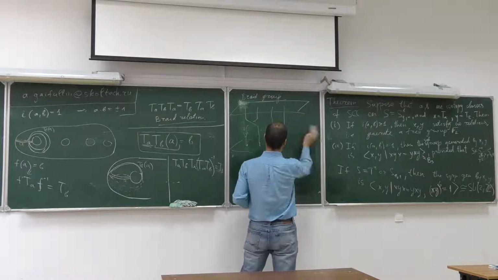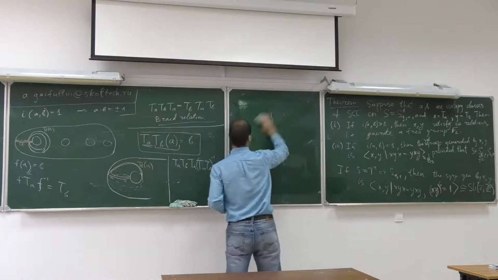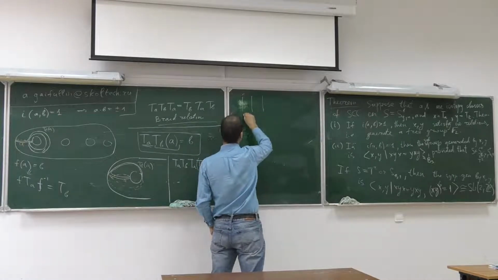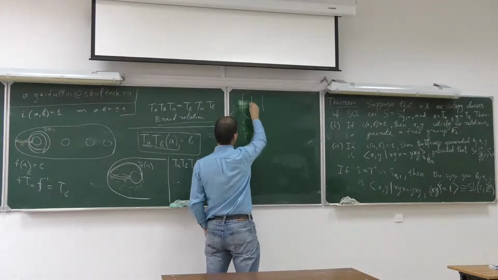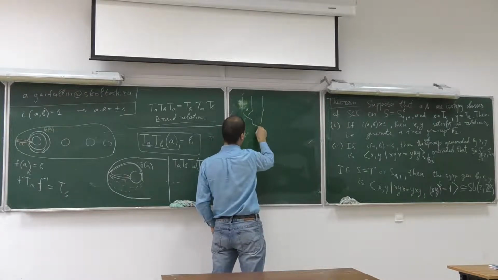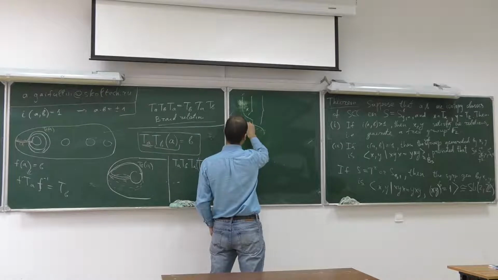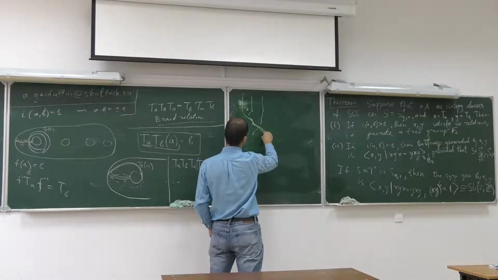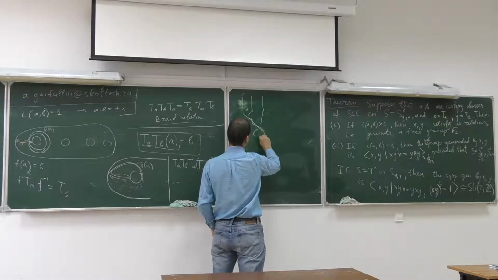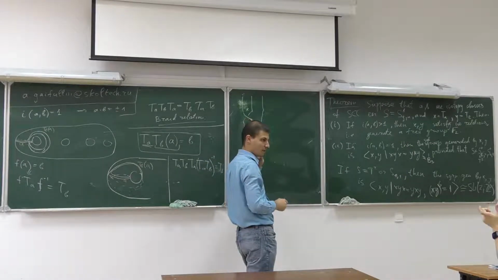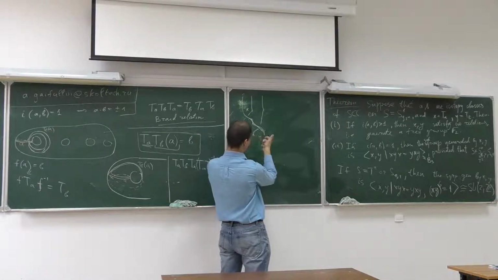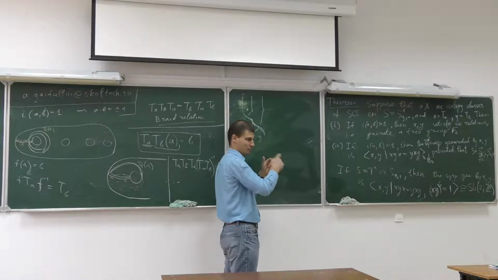Well, let us check it. We have 3 strands. We have X, Y. Well, yes, X and Y. XY is a rotation by 1/3 of the full rotation.